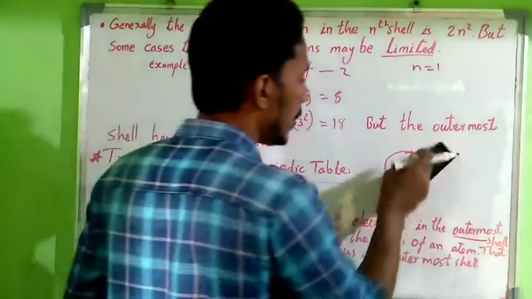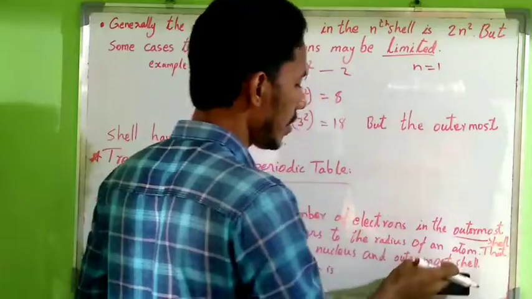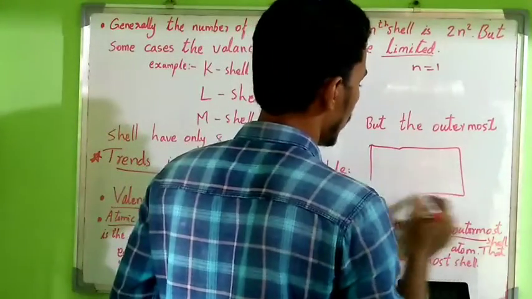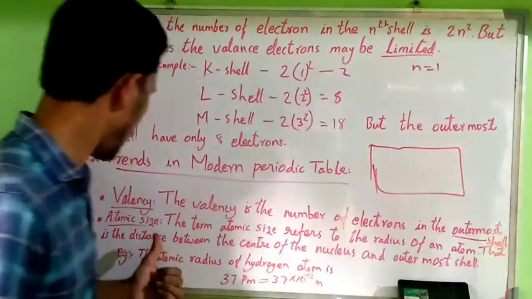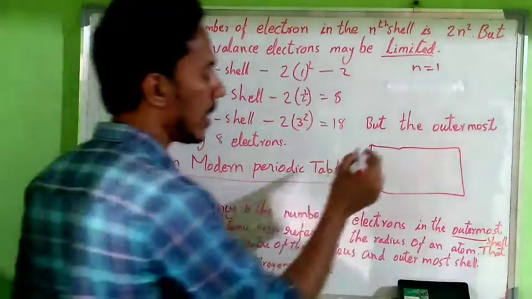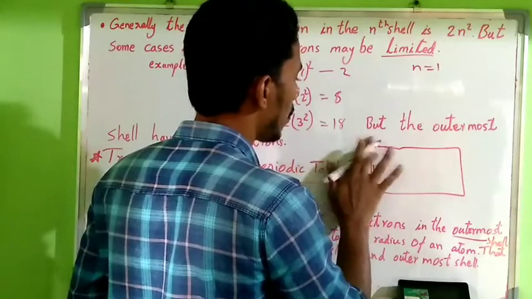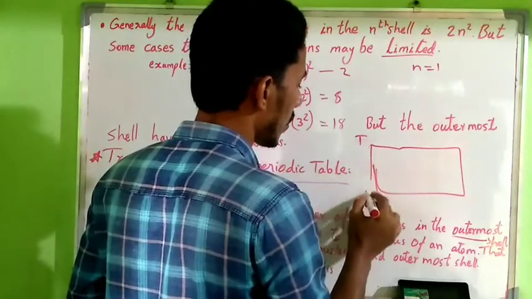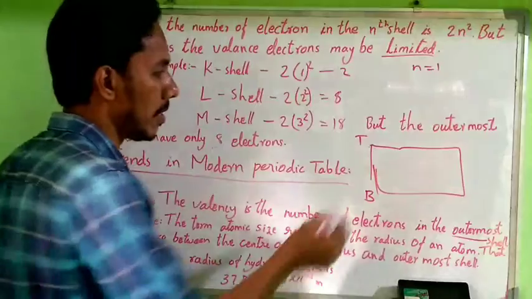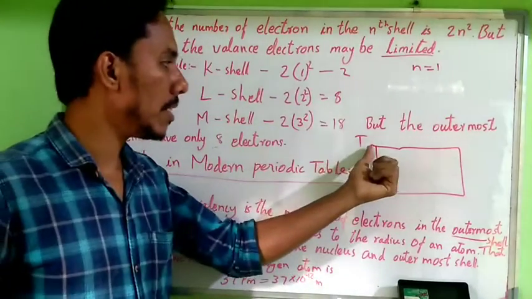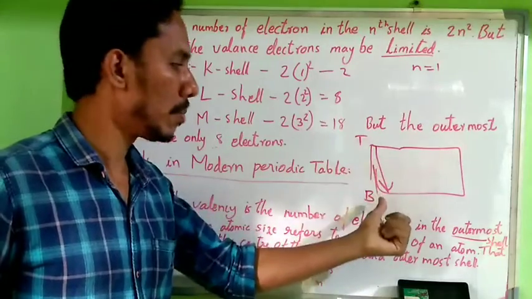So, in a periodic table, atomic size increases from top to bottom. Atomic size increases when we go from top to bottom.